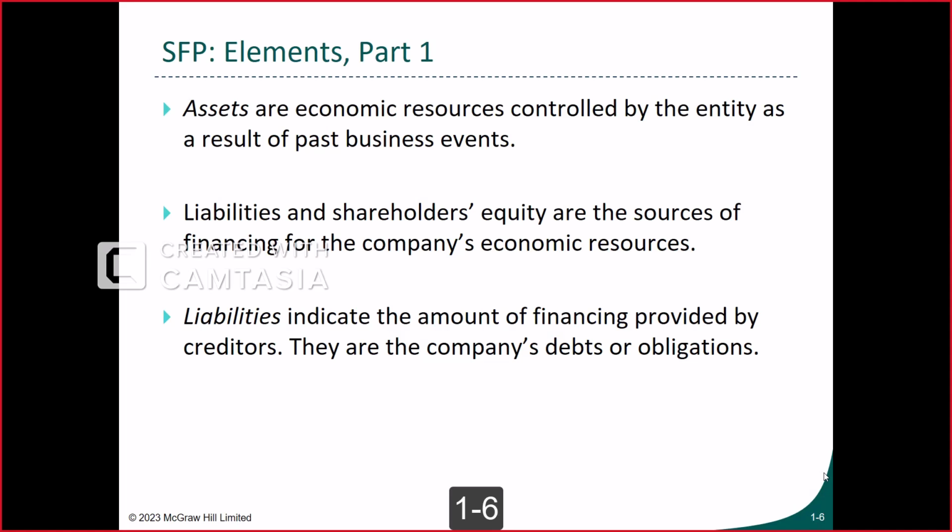The list of our assets includes what we control, not what we have an ownership title on. From the other side, liabilities and shareholder equities show how the asset was financed. So you have the building, and if you got a mortgage to finance that building, the mortgage is the liability, and the building is the asset.